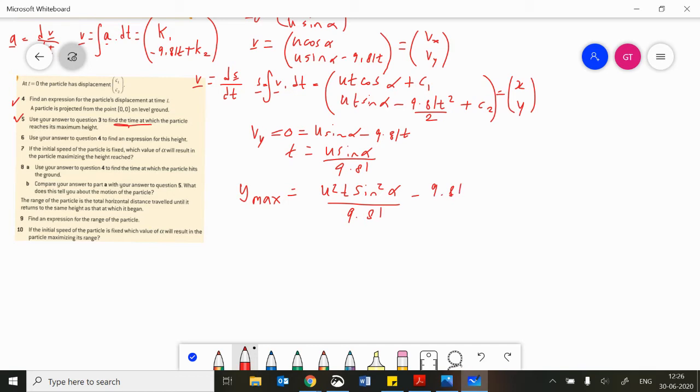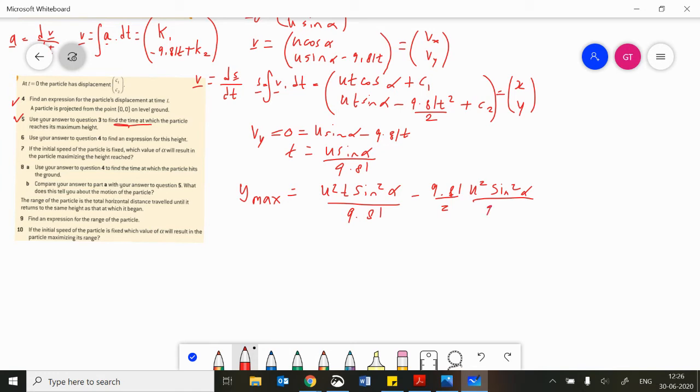Okay, we've got 9.81 over 2, and then we've got t squared, so we've got u squared and then sine squared alpha, so both of the things on the numerator are going to be squared. Then I can see that we've got a divide by 2 coming in here as well, but we also have underneath here this thing squared.